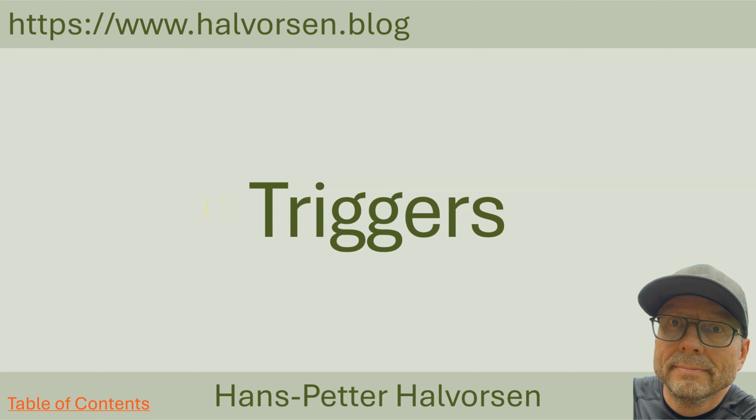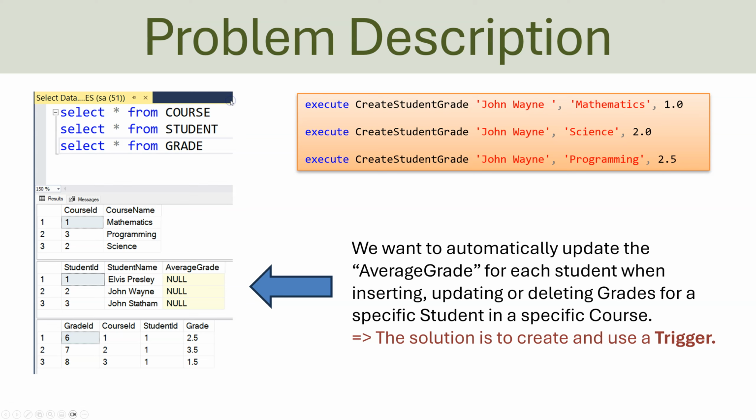So far in this tutorial we have been creating a database view and a database stored procedure. Finally we want to create a trigger. So here is the problem description. We know that using this stored procedure, create student grade, we create a grade for a specific student in a specific course like this.